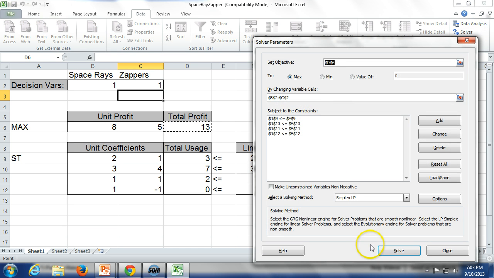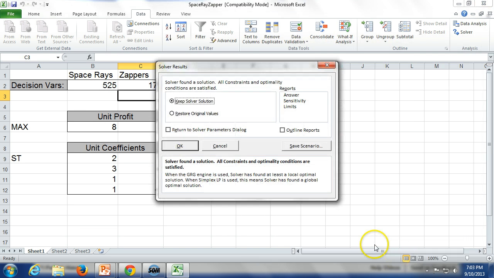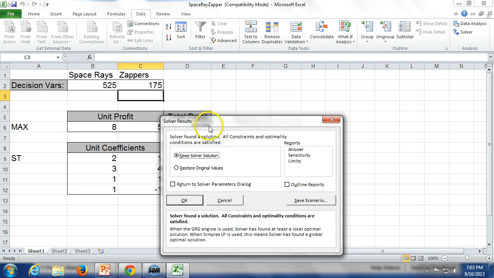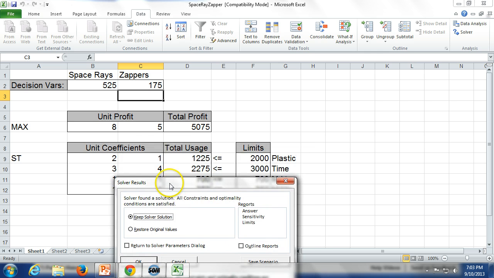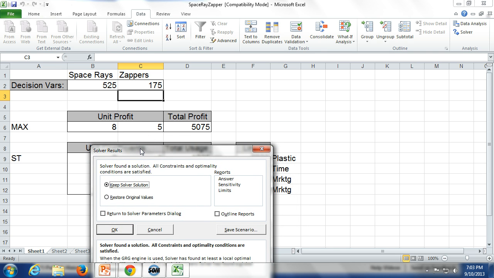I click solve, and I get a solver solution: make 525 space rays, 175 zappers, and I make a profit of 5,075. This might not match exactly what we did. I might have changed some things, but it doesn't matter for this solution.